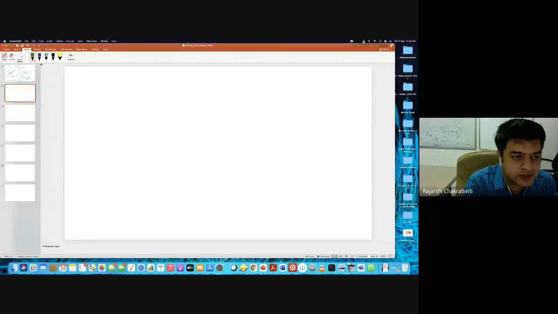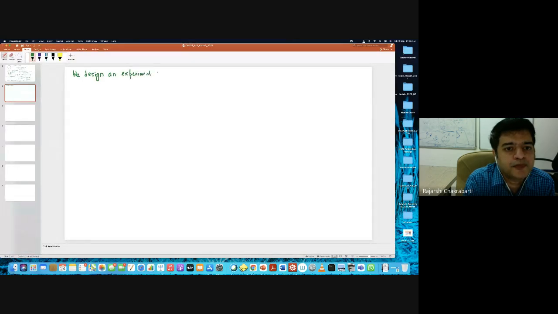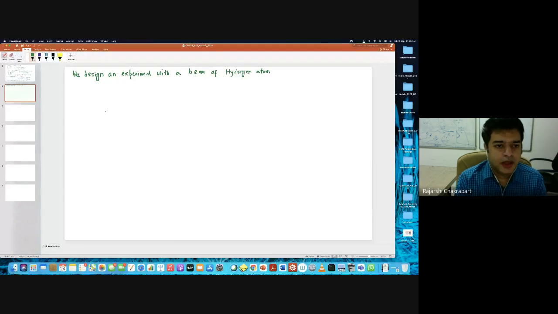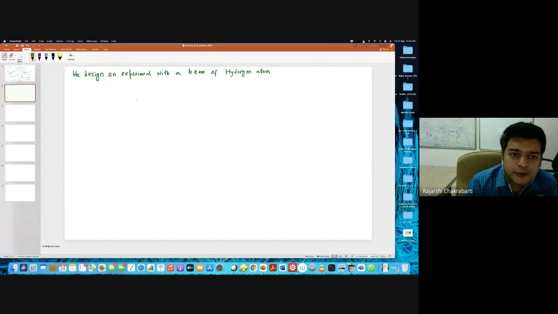Now think that we design an experiment with a beam of hydrogen atoms, okay? And you allow the hydrogen atom beam to pass through a magnetic field, maybe like this.